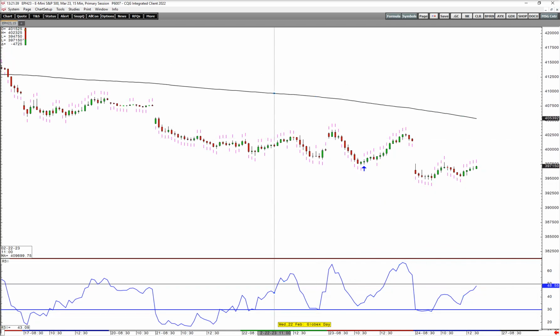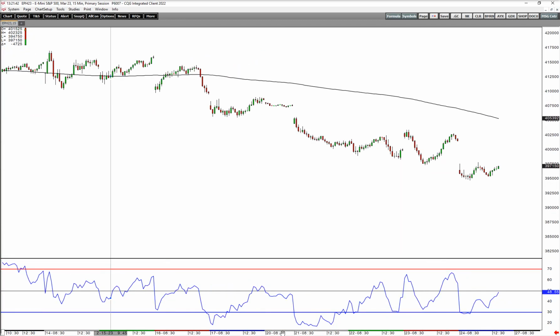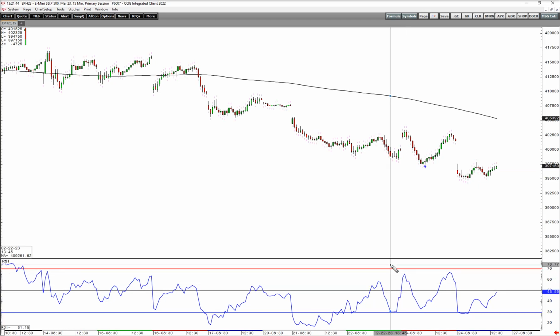So you know that I'm a big fan of divergences, and you could tell that this low here at 29.08 on the RSI, the low here at 30.09, and the low here at 32.86. So these were higher lows in momentum, and these were lower lows in price.